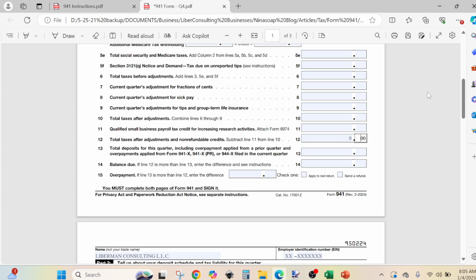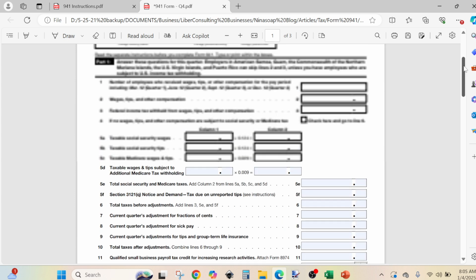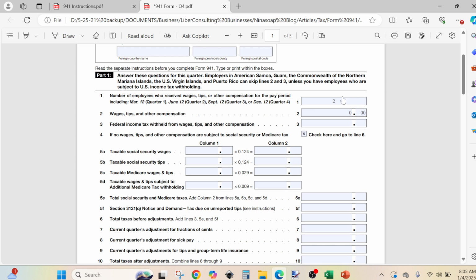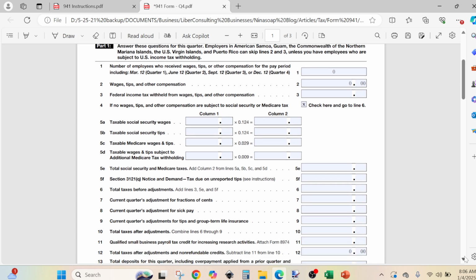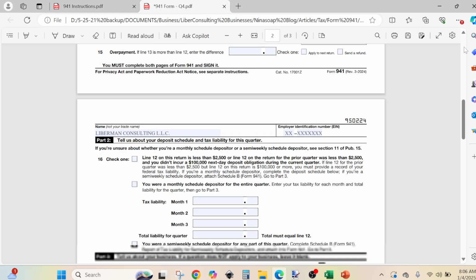Okay, so we can double check that again, because the first section of the video is to complete Form 941 as if no wages were paid. So line 1 will be 0, you didn't pay any wages. Line 2 will be 0, and line 12 will be 0.